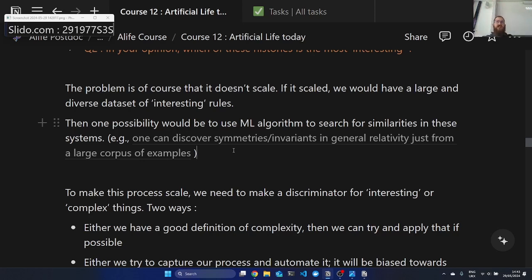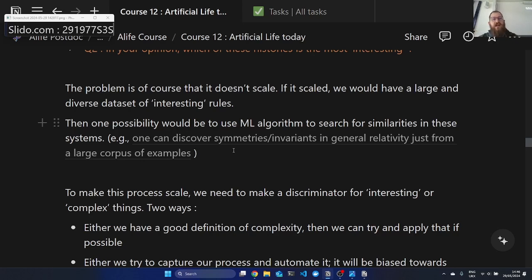So we have a huge class of metrics that describes the same spacetime. And if you just give a machine learning model a bunch of metrics, not telling it what spacetime each metric describes, and you ask it to find similarities between the metrics, the algorithm is actually able to find some hidden invariants, which we know from physics, that determine whether two metrics are the same or not.